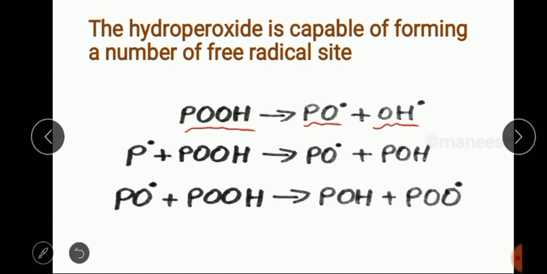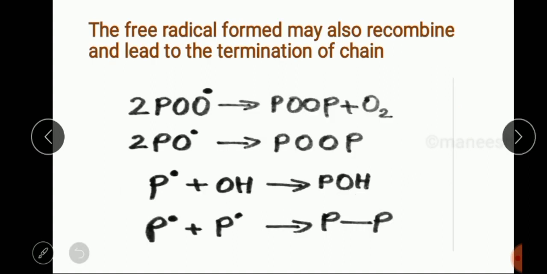This is the hydroperoxide giving rise to other free radicals. Now here you can see that the hydroperoxide is giving rise to all these free radicals, and these free radicals that are generated can recombine together so that termination occurs.